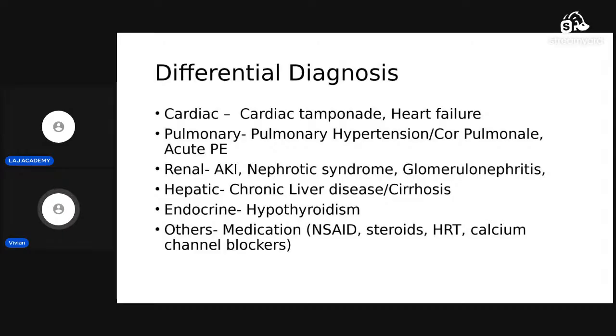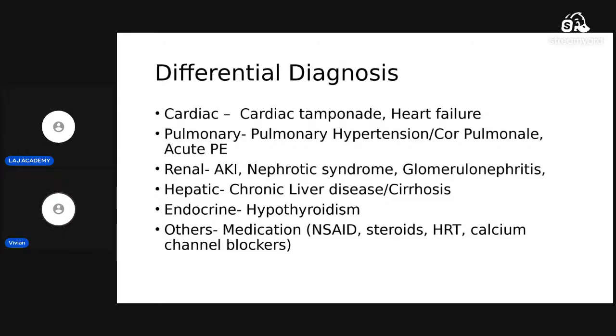It could also be pulmonary in origin, like acute PE, given the breathlessness. It could also be renal, which is what we're dealing with today, acute kidney injury, or nephrotic syndrome, or glomerulonephritis. These are supported by breathlessness as well as the volume overload.